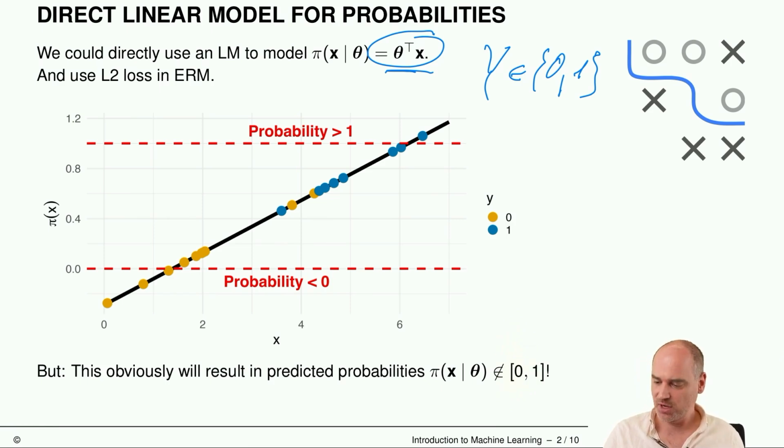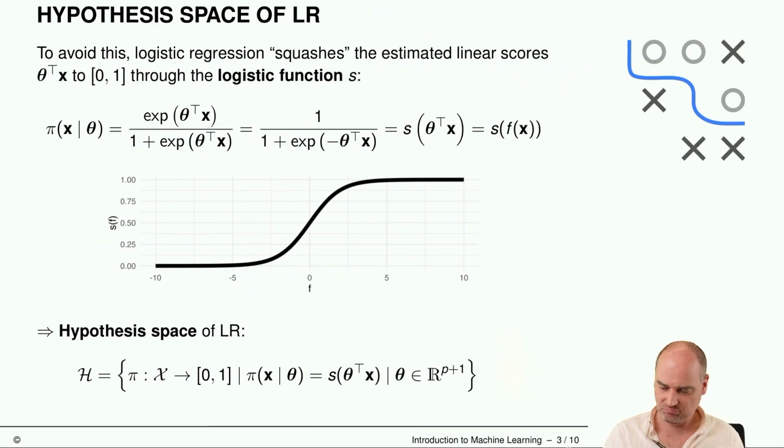So the first thing we now have to fix is how our hypothesis space should look to make it more reasonable to really model the structure of these posterior probabilities. So we do want to stick with our linear model structure here. So our theta transpose times x, we like that. The thing is, we'll not really use that to model our posterior probabilities directly.